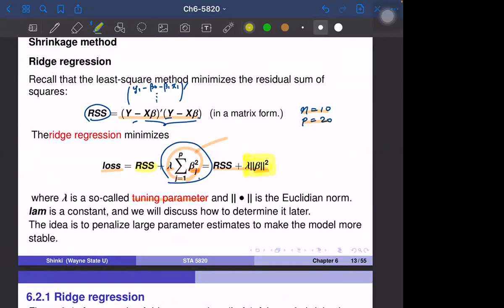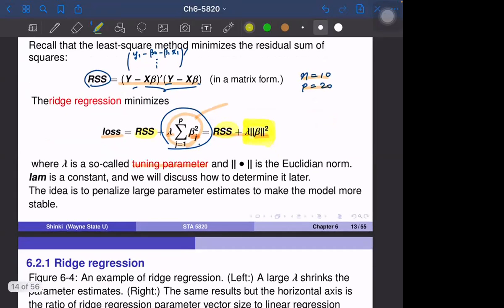The lambda is a given constant, and so large coefficients are penalized. We have to make RSS smaller, but at the same time, we have to make the size of coefficients smaller. So it balances between those two quantities.